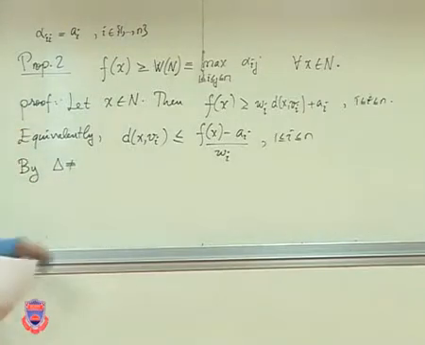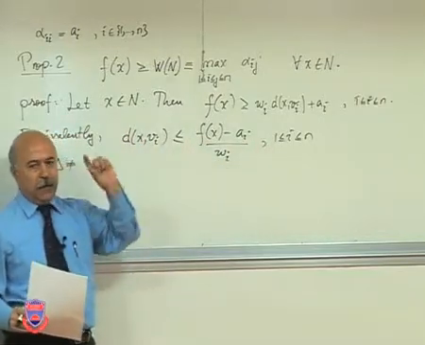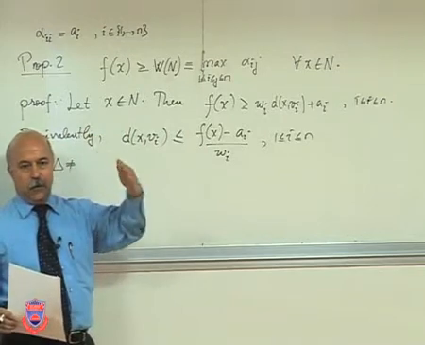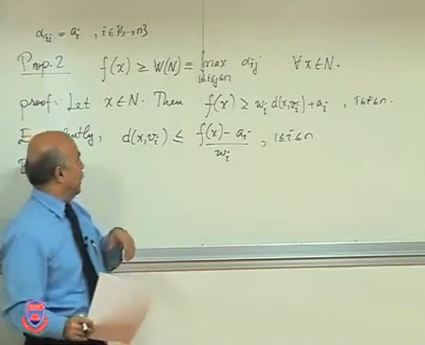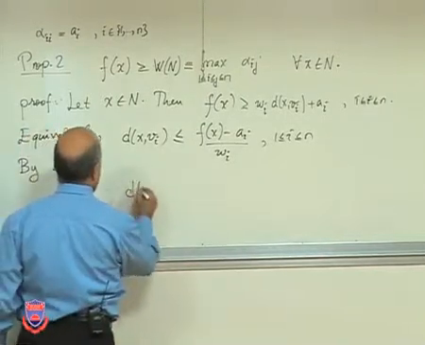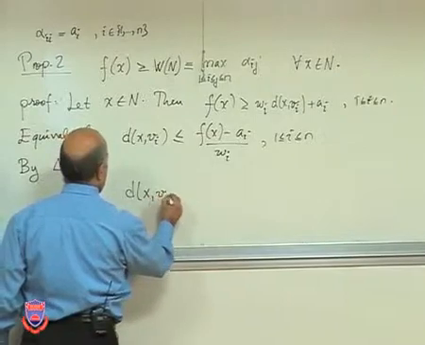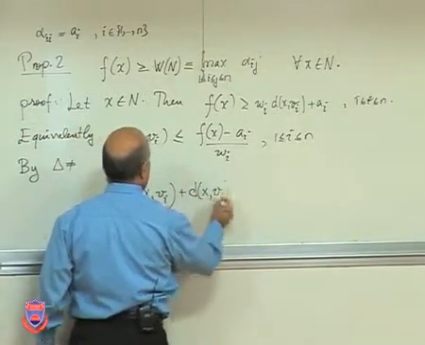So what I can do is, since this is true for every i from 1 up to n, I can pick the ith inequality and the jth inequality and add them up. When I add them up, I get d(x, vi) plus d(x, vj) on the left side.